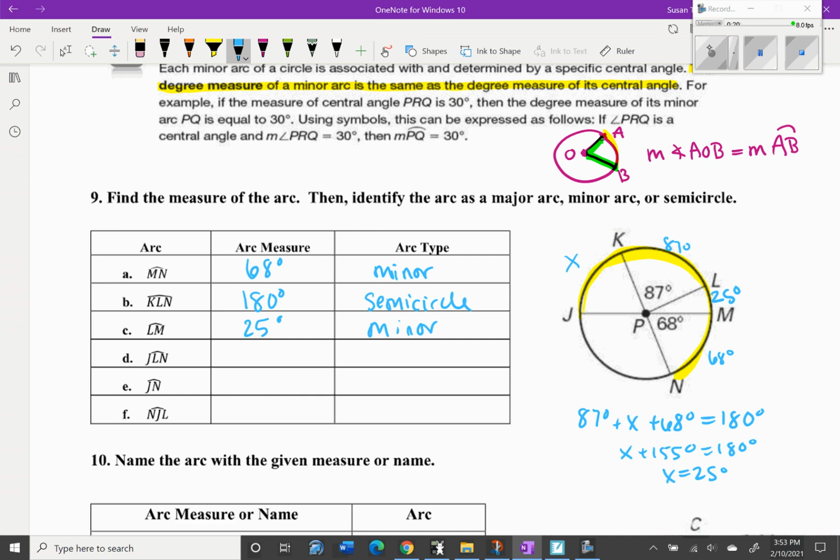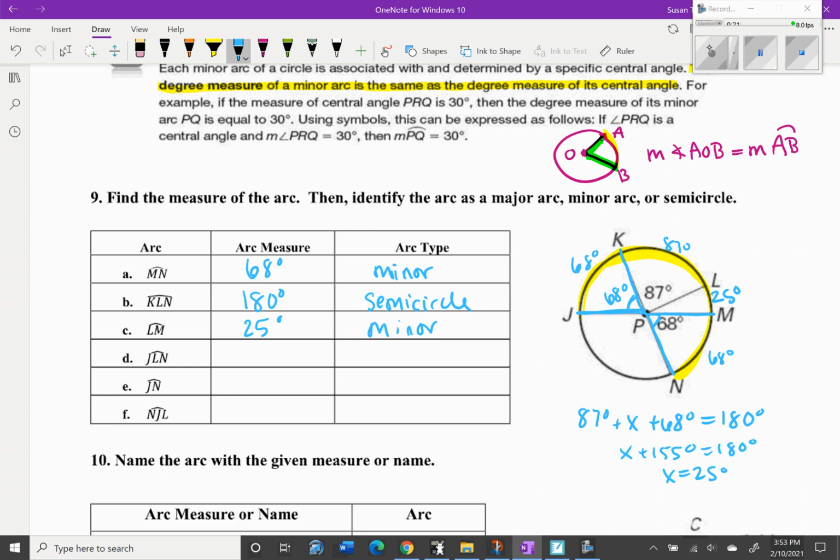So we can use the fact that we have vertical angles that are the same. I can see that this angle here and this angle here are what we call vertical angles because they're across from each other. So that means that this angle and this angle are going to be the same measure. So that would be 68 degrees, which means that this arc length is also 68 degrees.